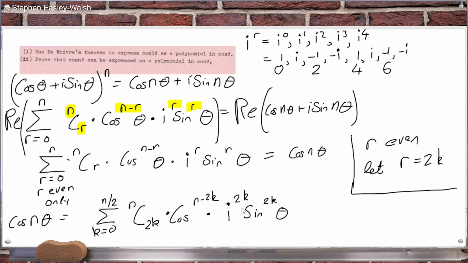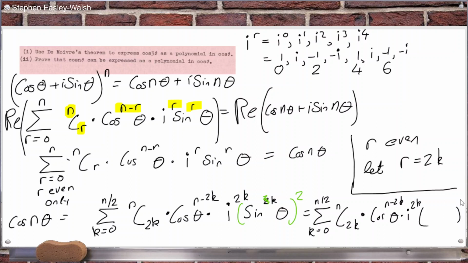But here comes the trick. Because this is sine squared, you could say it is 1 minus cos squared. So then this becomes the sum for k from 0 to n over 2 of nC2k times cos to the n minus 2k of theta, times i to the 2k, and then squared.